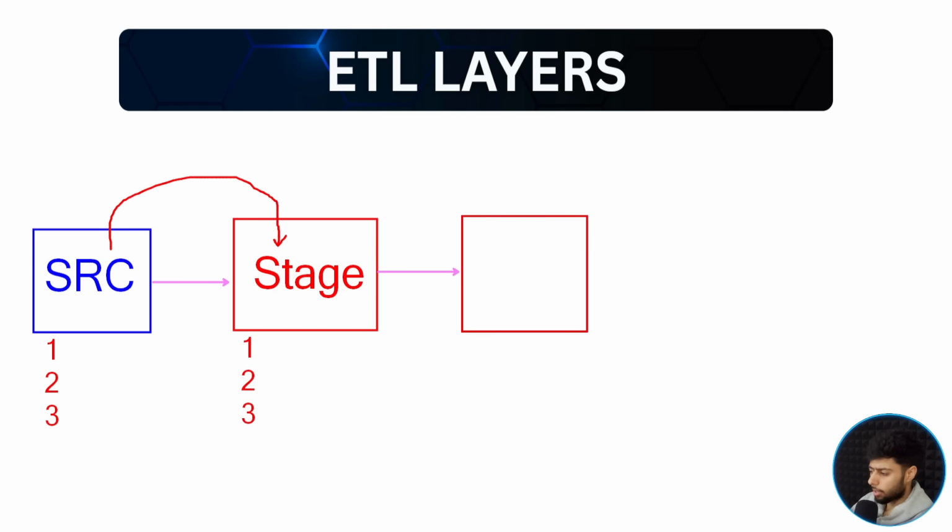It's called the transformation layer. Here we transform the data, because obviously this will be messy data with so much garbage. I'm not kidding, you need to transform it. It can be adding more columns, modifying the existing ones, removing nulls, replacing duplicates.